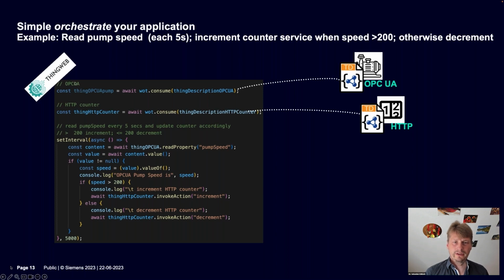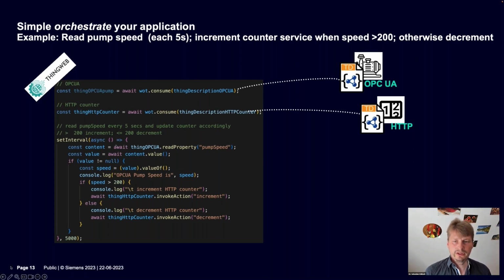So in this case, we have this for the OPC for the pump, and then we also have the service of the HTTP counter. There is also a thing description provided, and having this, that's actually everything you need to do. You can then start to concentrate on your business logic.